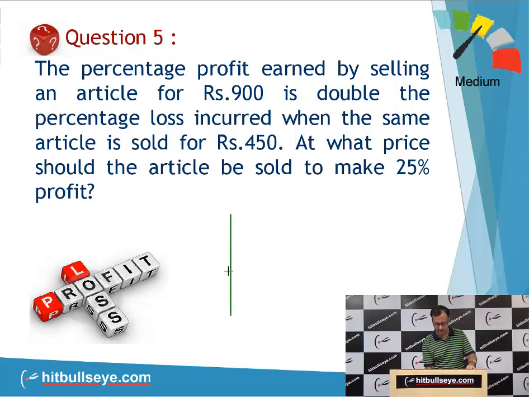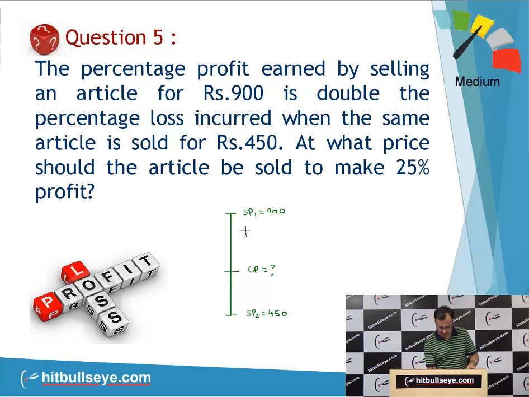So in this question, let us assume this middle value is the cost price, which is not given. The initial selling price or the first selling price is given to be 900 and the second selling price is given to be 450 rupees.